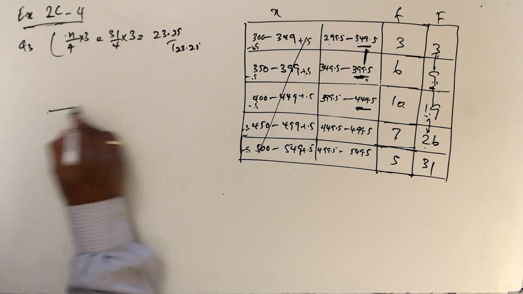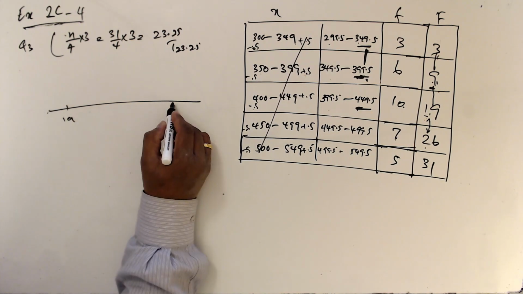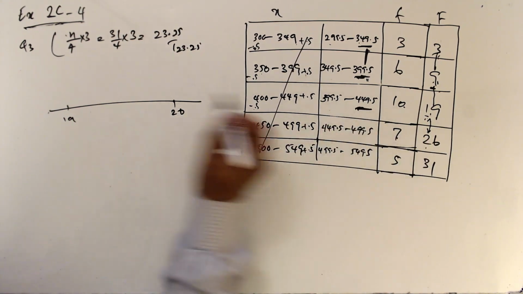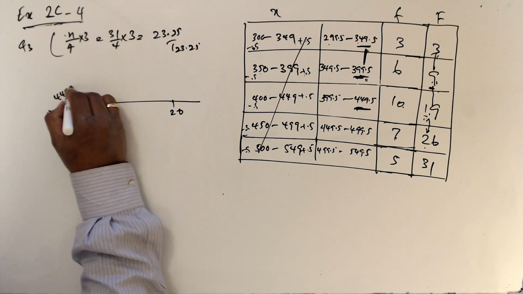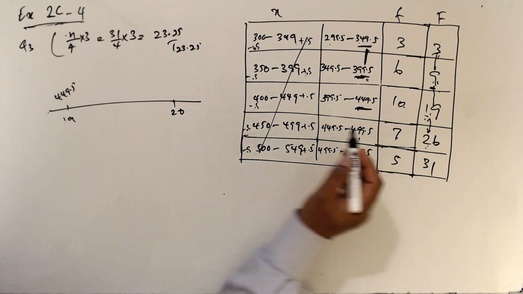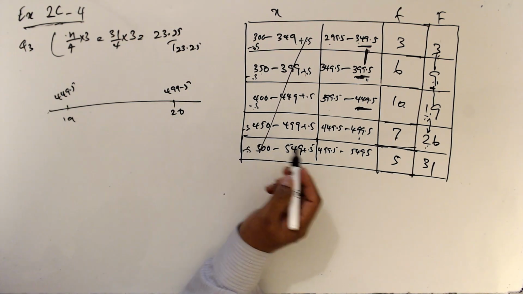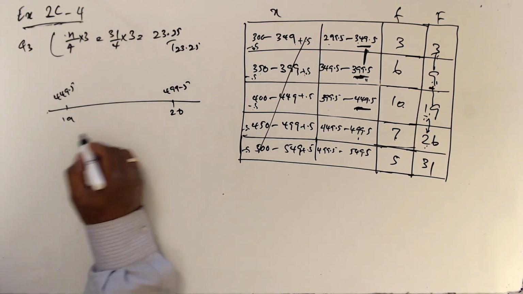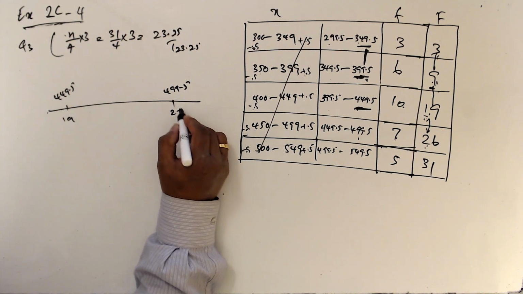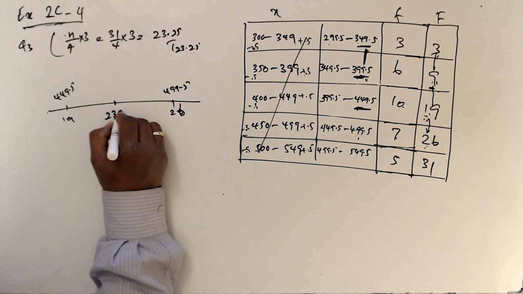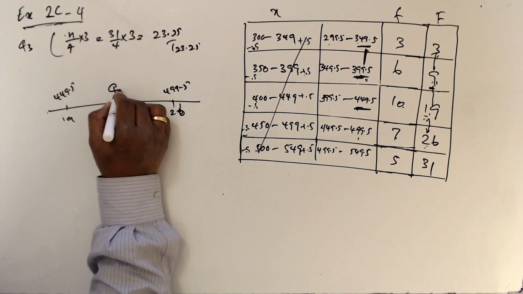When it is 19, it is 449.5, when it is 26, it is 499.5, and 23.25 is somewhere here. This is going to be Q3.